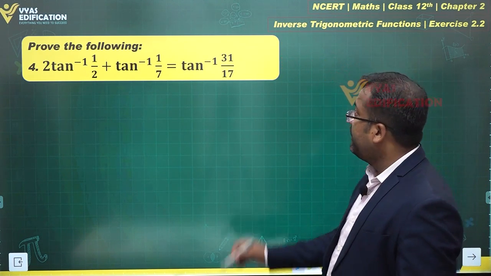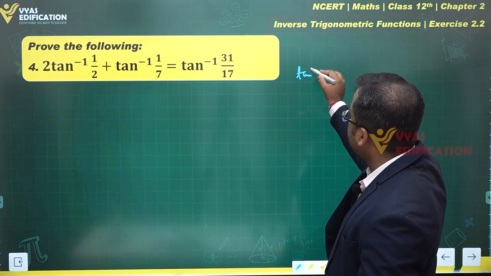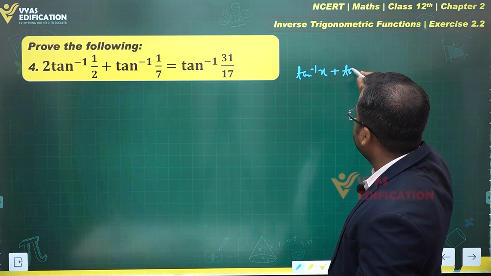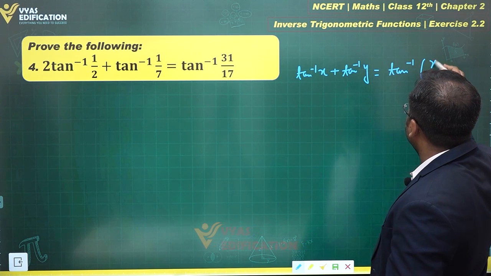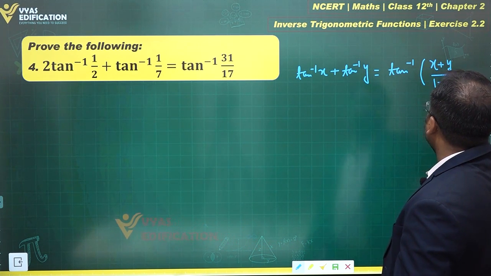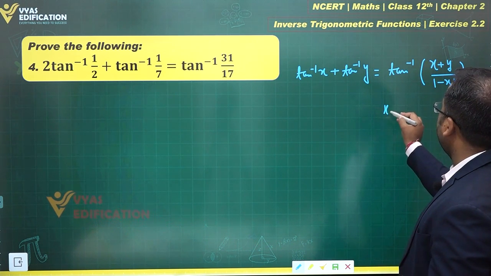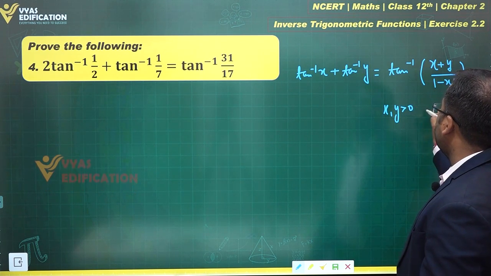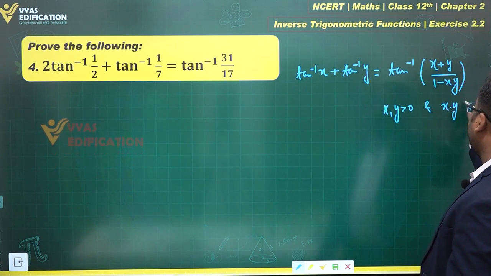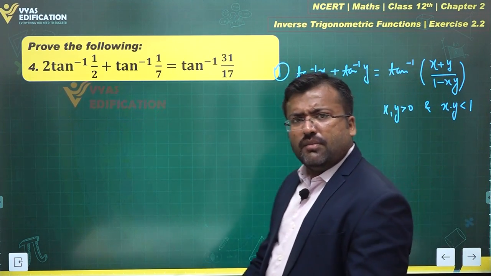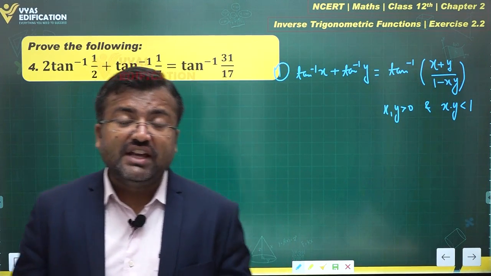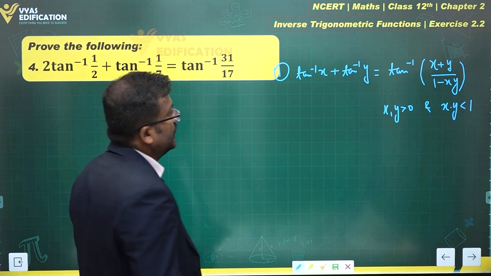The result that we are aware of is that tan inverse x plus tan inverse y is equal to tan inverse of x plus y over 1 minus xy, where x, y greater than 0 and x into y is less than 1. This is one important result. You remember one more result based on this when x and y are equal.